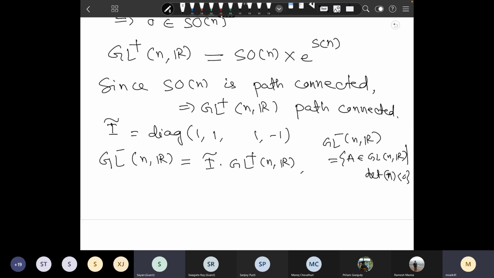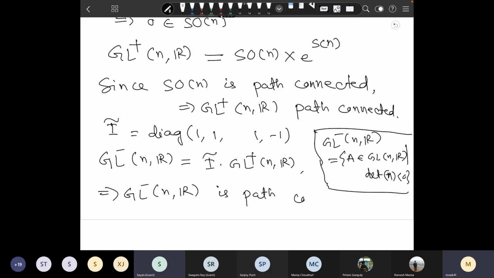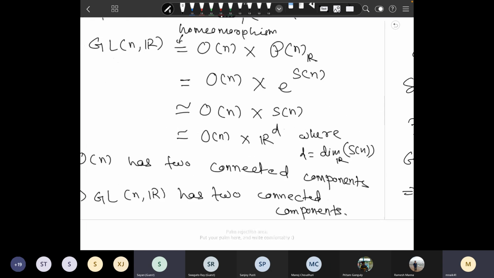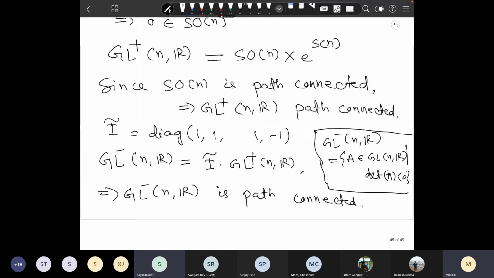Since GL+(n,R) is path connected, this implies GL-(n,R) is also path connected. So we have proved that GL(n,R) has two connected components: GL+(n,R) is connected and GL-(n,R) is path connected.